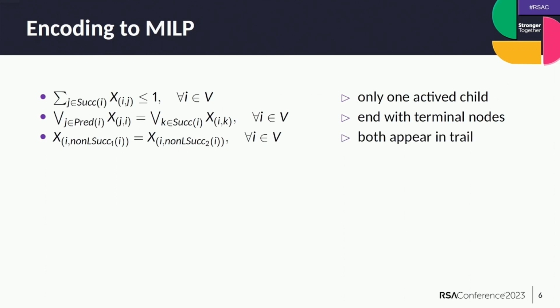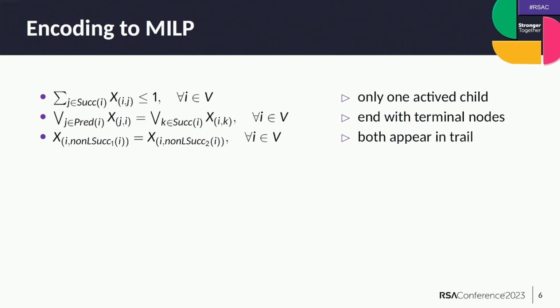The third constraint states that the two child nodes corresponding to a nonlinear operation must both appear in a trail. With these three constraints, we can recover the ANF of the stream cipher based on all feasible solutions of the model.